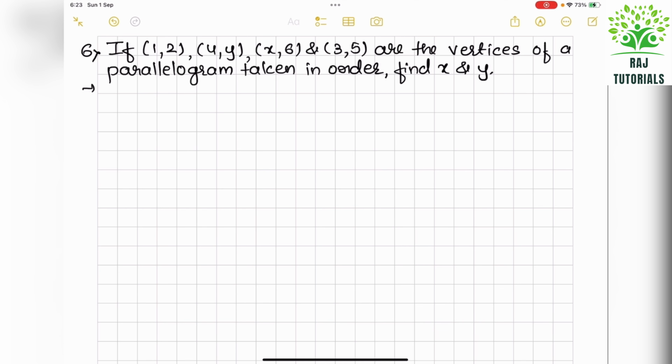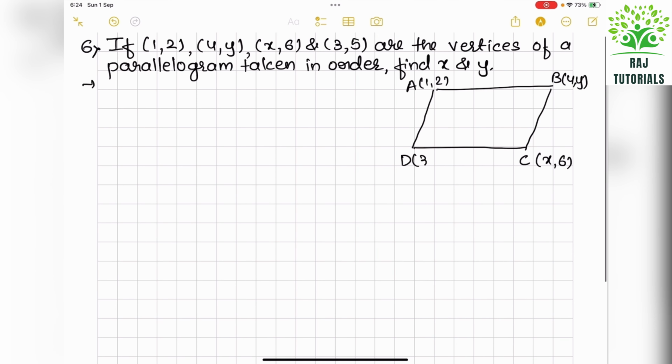So let me make the figure first. A (1, 2), B (4, y), C (x, 6) and D (3, 5). Now I am joining the diagonals also.